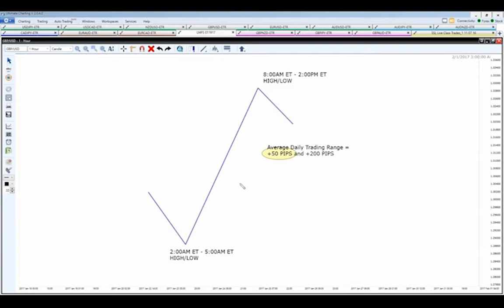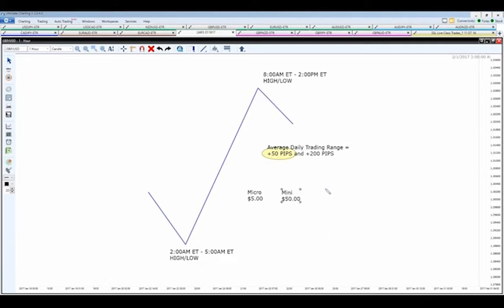Now once again, as I told you before, if you're trading with a micro lot account, those 50 pips would be worth about $5. If you're trading with a mini lot account, you'd then be looking to generate, at $1 per pip, about $50 in profit off each one of these currency pairs per day.